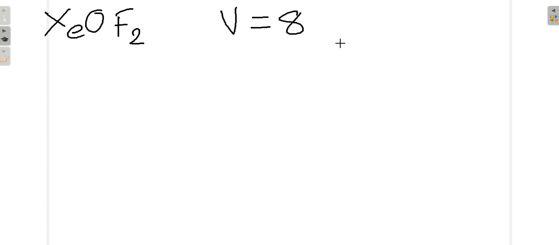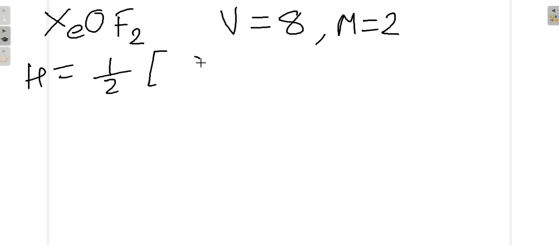Consider XeOF2. Number of valence electrons 8. Number of monovalent atoms is 2. O is divalent, so not to be considered. What is the index of hybridization?